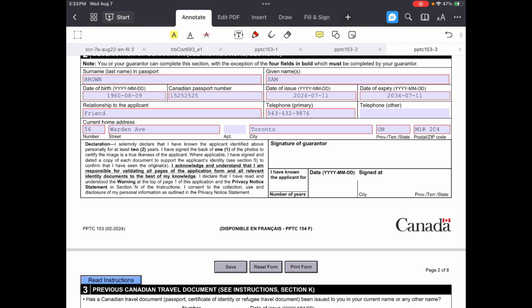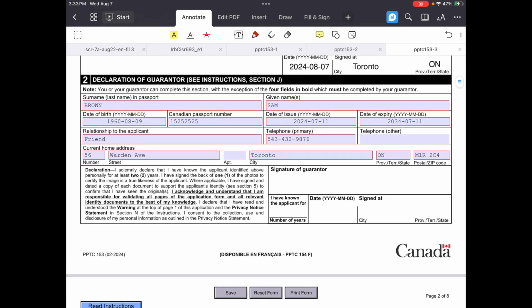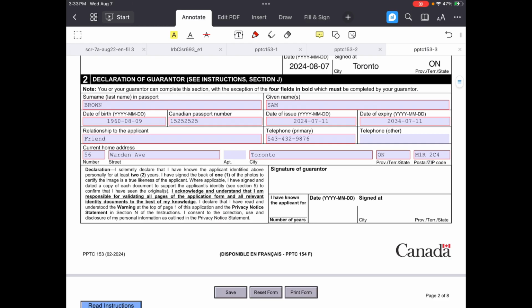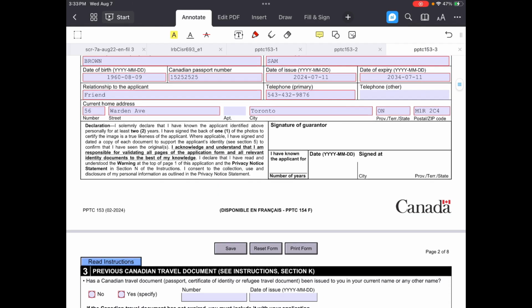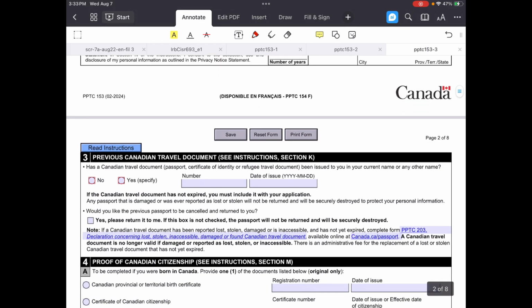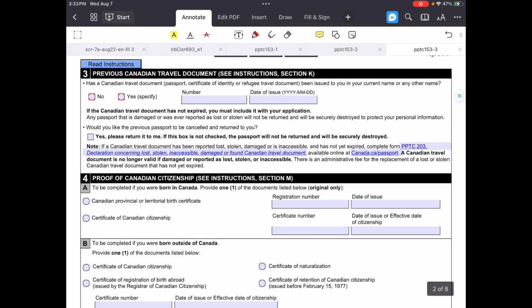After you're done with section 2, which was only about your guarantor's information, you can move on to section 3. Section 3 of this application is asking if you've ever had a Canadian travel document. If the answer is no, then you pick no and you move on to section 4.